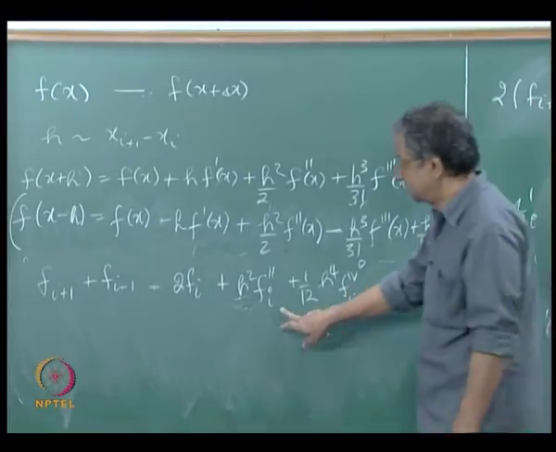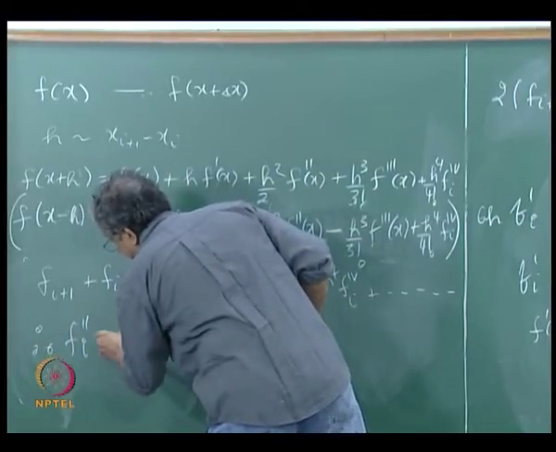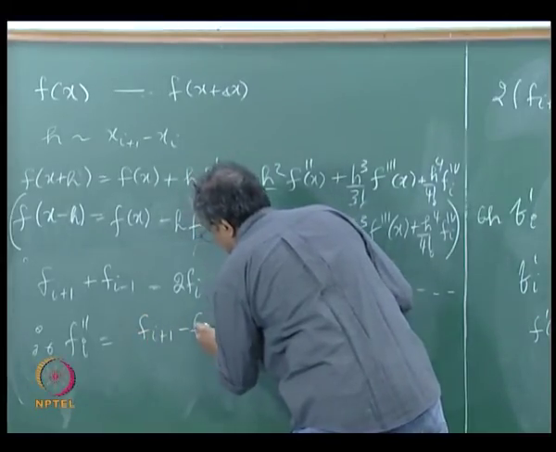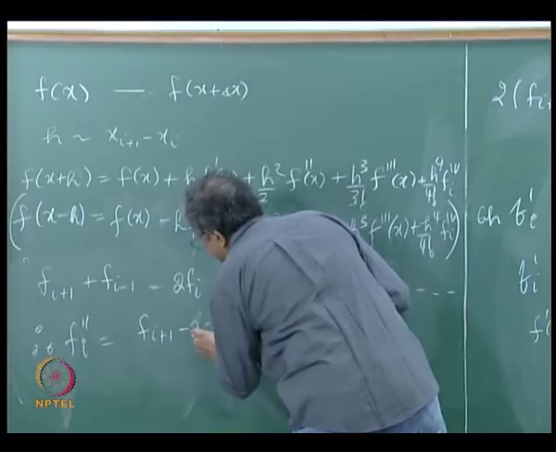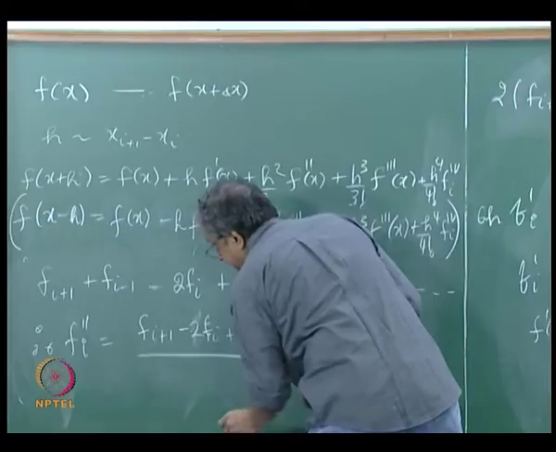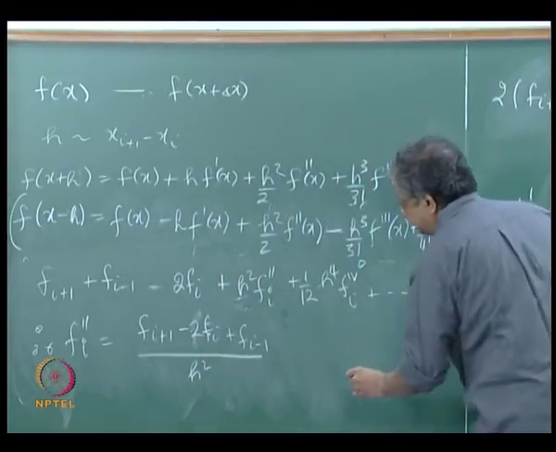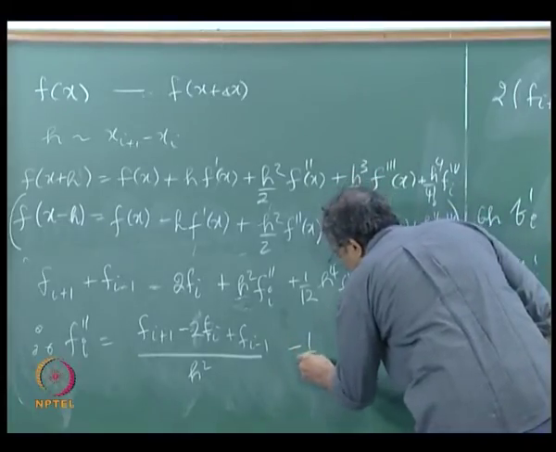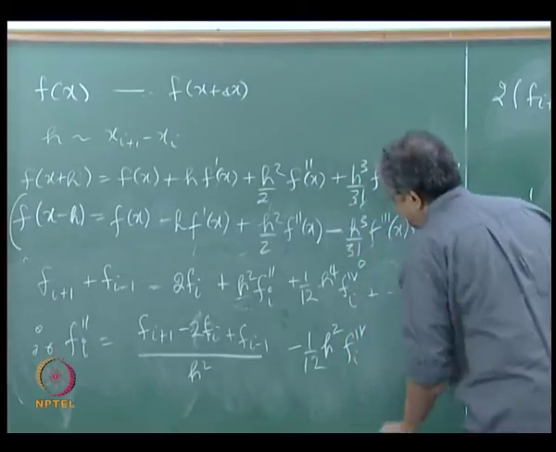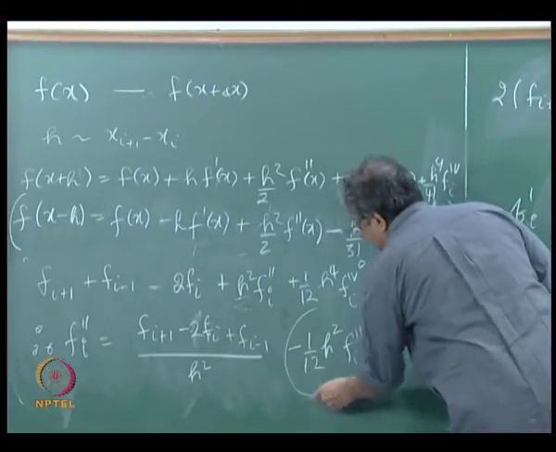We can solve for the second derivative, and therefore the second derivative at i equals f i plus 1 minus 2 f i plus f i minus 1, divided by h squared, and the truncation error is minus 1 by 12 h squared times the fourth derivative at i. Okay, that is the truncation error.